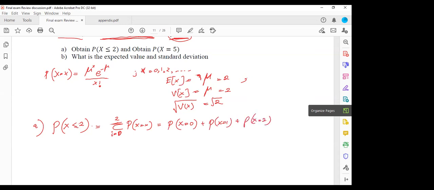Option number 1, we can use the table. Go to the table and find the corresponding value. From our notation, you can write 2, 2, because this is the x value and this is the parameter mu.